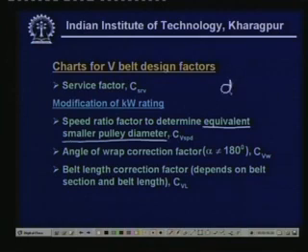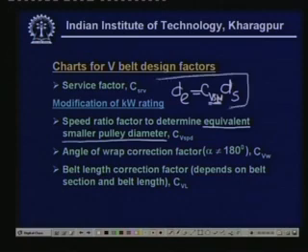The smaller pulley diameter may be ds, but the equivalent pulley diameter DE should be CVSPD into ds. Here V stands for V-belt, and depending on the speed ratio, this equivalent pulley diameter has to be computed. The reason is that normally in a drive both pulley diameters are not the same.